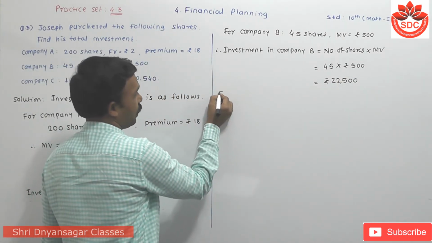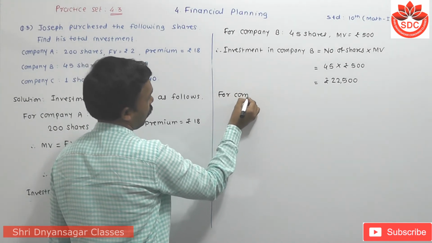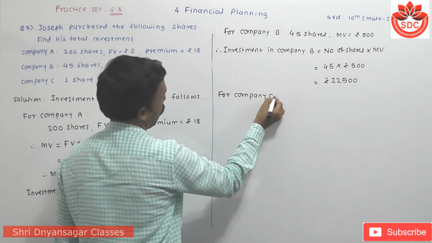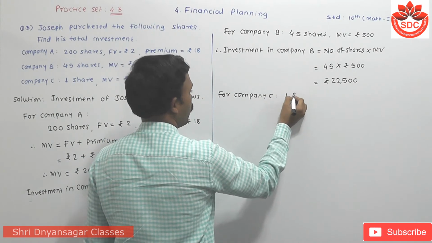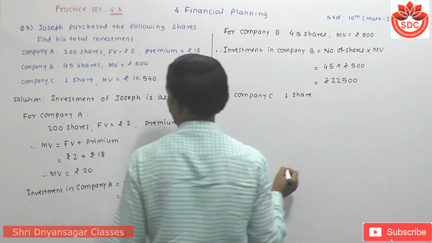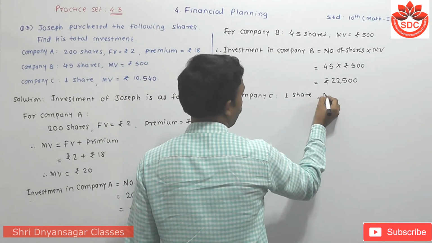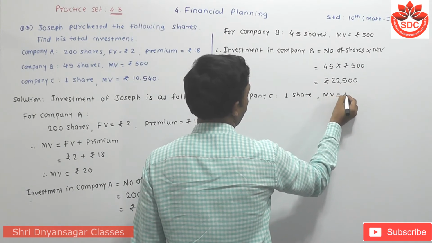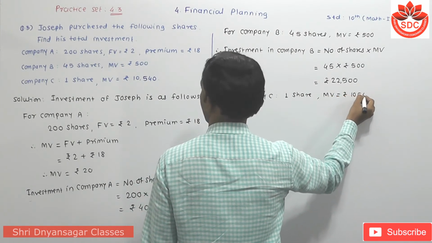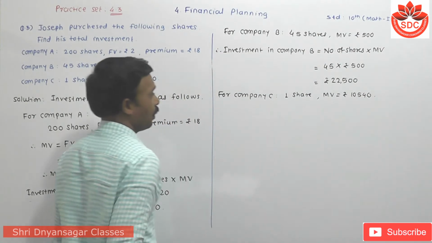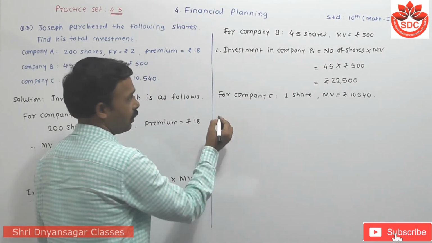Then for company C, here is 1 share only, and the market value of the share is rupees 10,540. Now here is 1 share, market value is given.